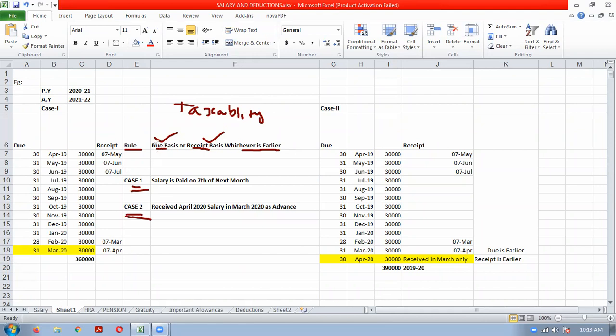Clear? So for today we will stop here. Just understand salary is taxed on due basis or receipt basis, whichever is earlier.